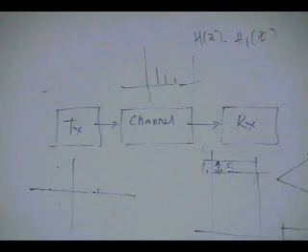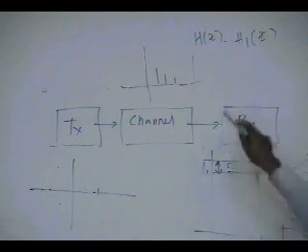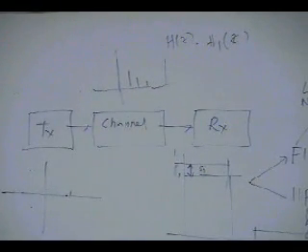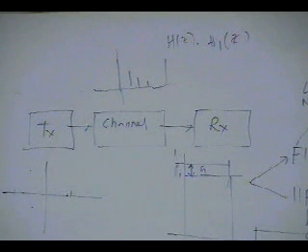So now the challenge is that you want to design an HI of Z which is an FIR, and you still want to cancel the effect of H of Z. You want to design it in a way that it cancels out the effect.